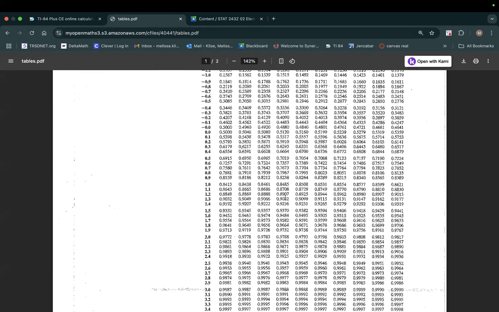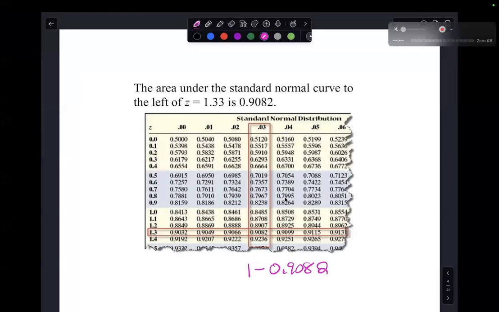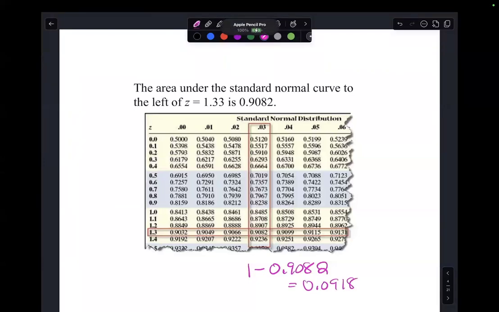I'm going to do that on my iPad. 1 minus 0.9082 is 0.0918. So if I randomly selected a person, about a 9.2% chance that their IQ would be greater than or equal to 120. Questions so far?